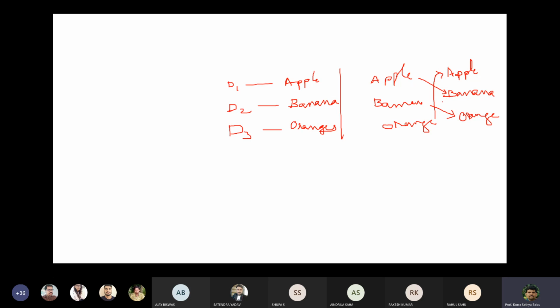So it means there is a sequence that needs to be maintained, and how does that sequence get maintained? Here, if you simply model this in terms of vectors and give it to a neural network, suppose you give it as an apple, a banana, and then an orange.